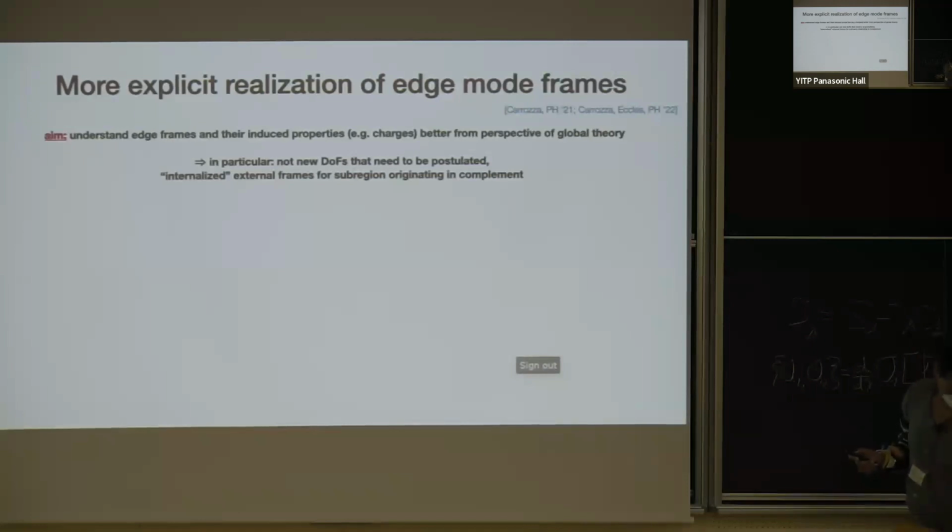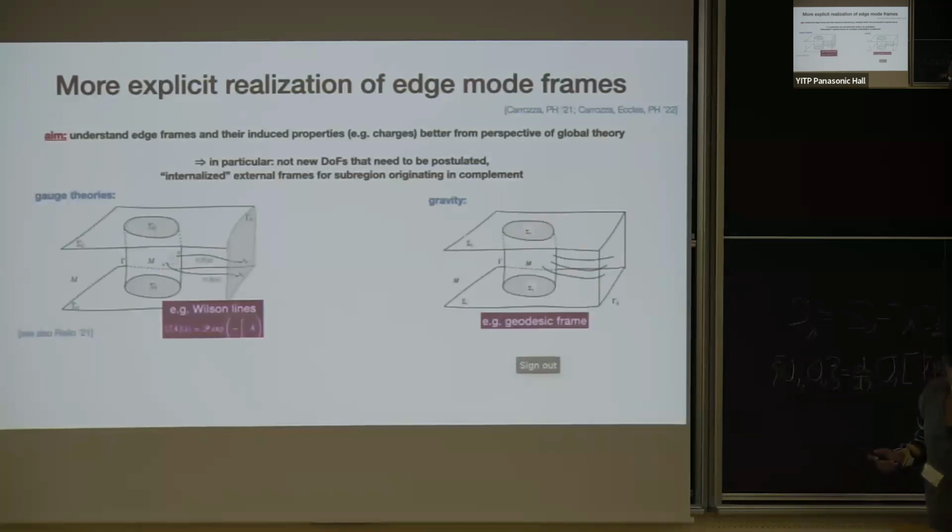I guess I should be somewhat quick. Let me just give you a bit of intuition. What I should say is these additional reference frame fields are sometimes called edge modes. Like in the gauge theory case, they live on the edge.